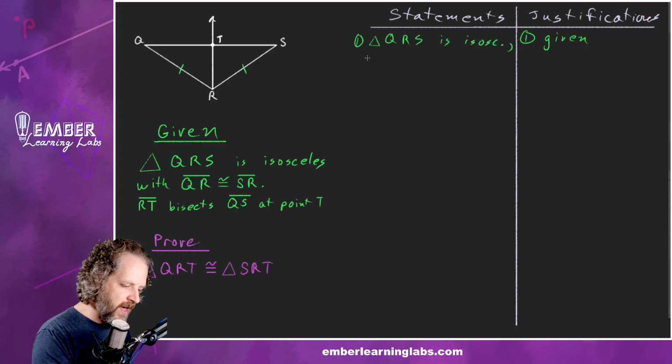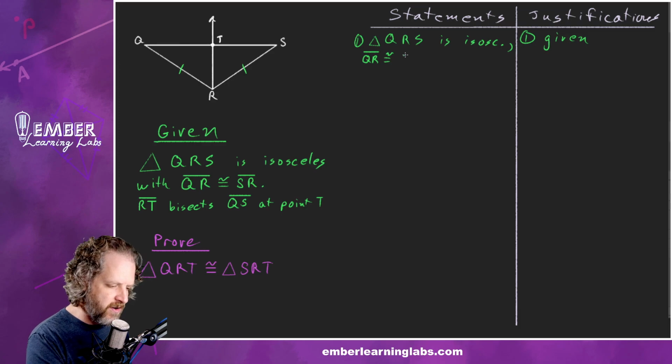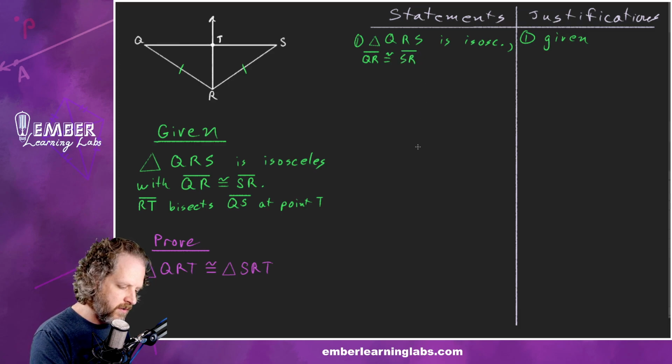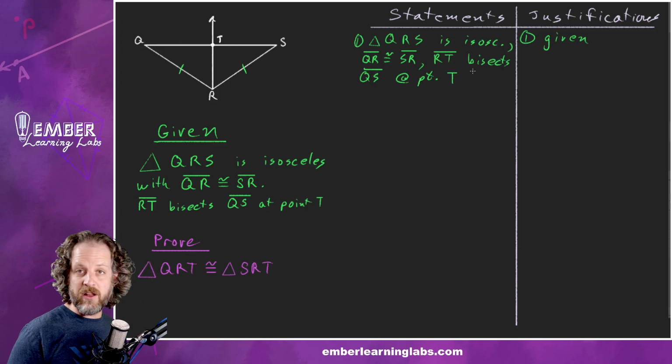And we're given that segment QR is congruent to segment SR. And we're given that RT bisects QS at point T. All right, so that's all our given.